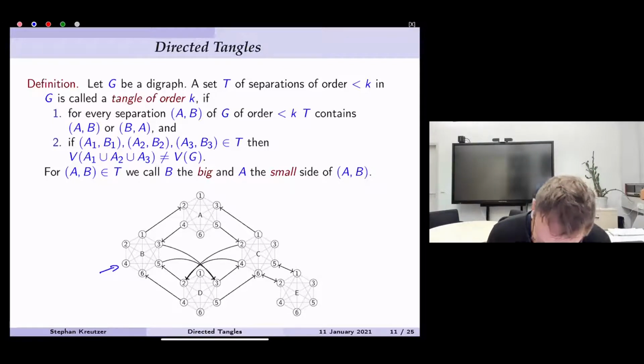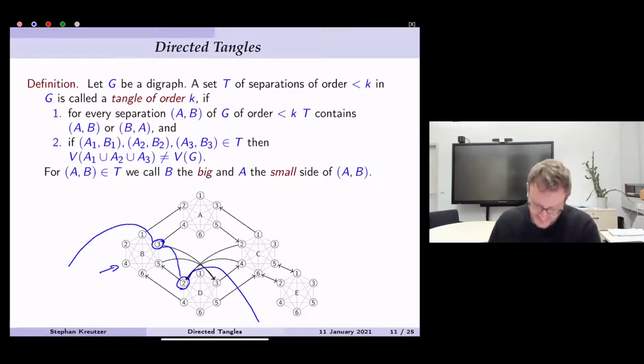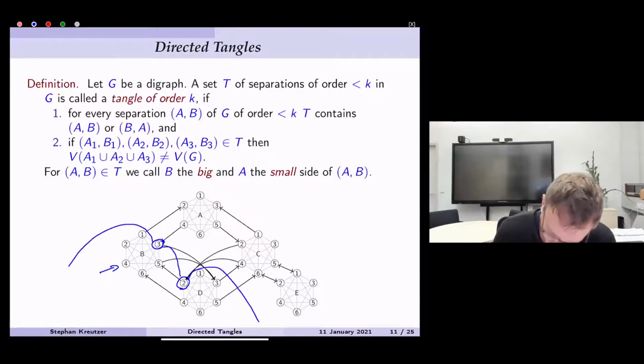We could look at all order 2 separations that would separate B from the other cliques. And here is something strange, because one separation would be we take the vertices 2 and 3 as separator, and then we get this separation here. And this would actually distinguish these two sides from the other three.